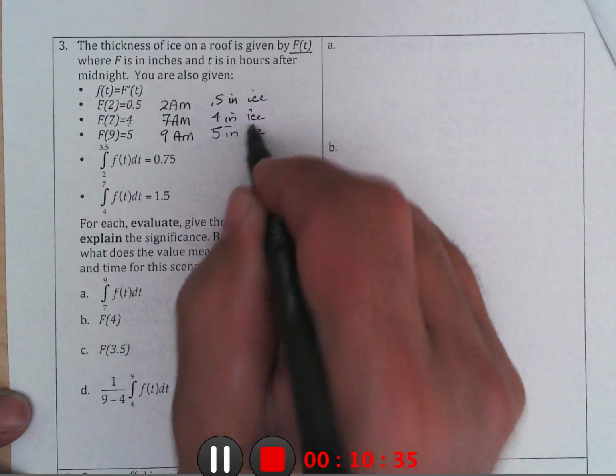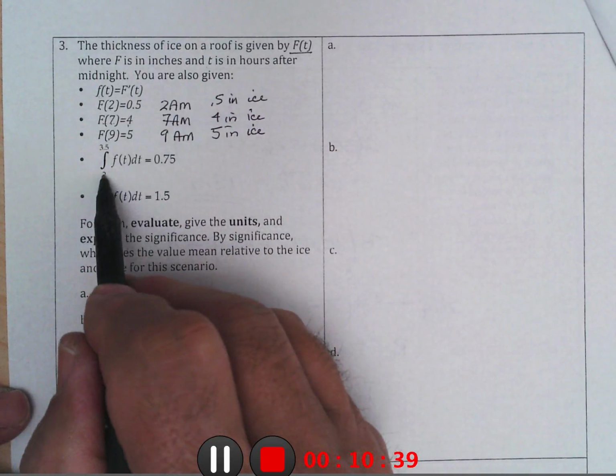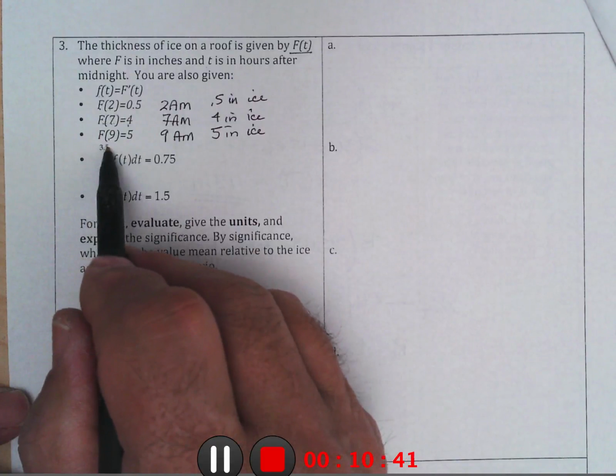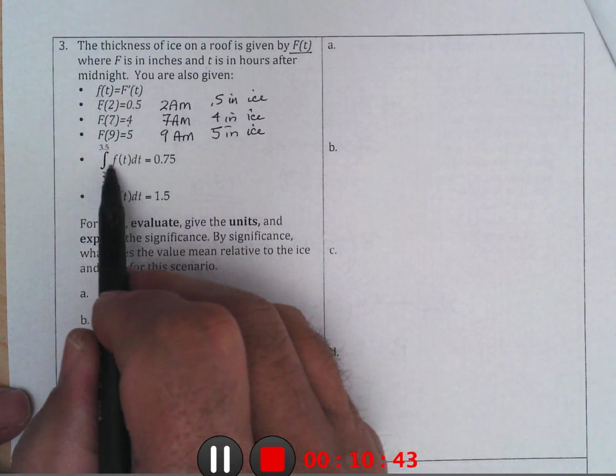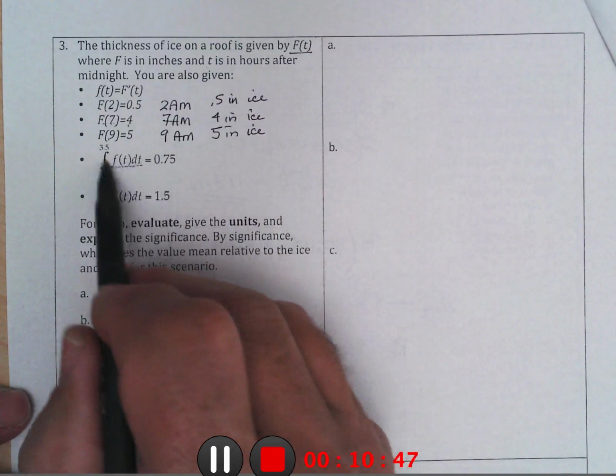And this is saying between 2 a.m. and 3:30 a.m. the change in the amount of ice is 3/4 of an inch.